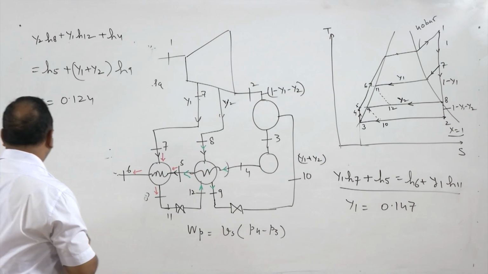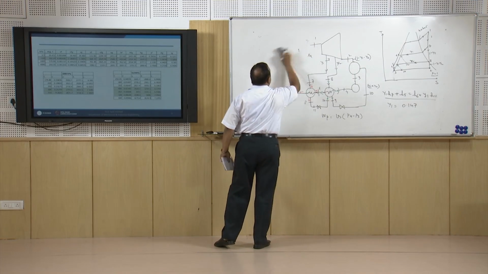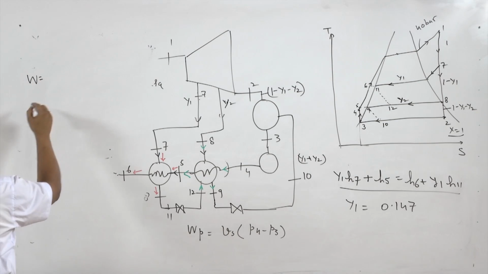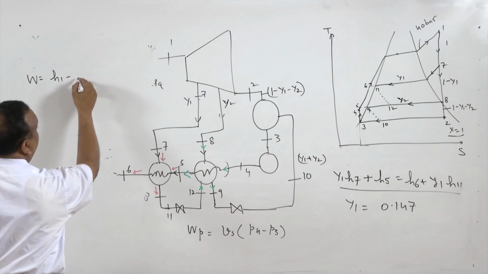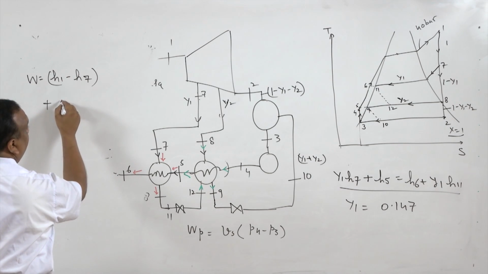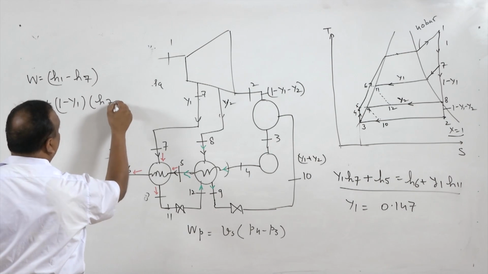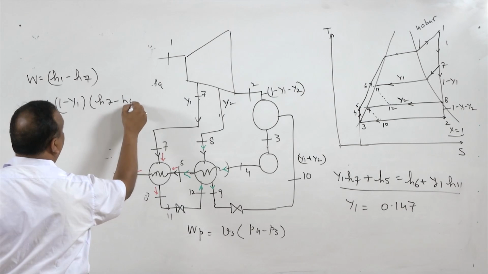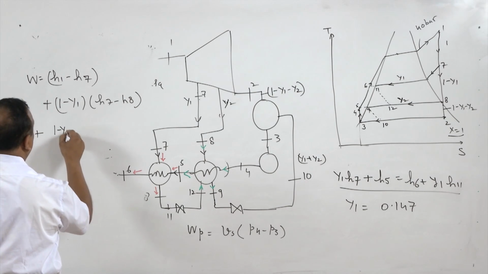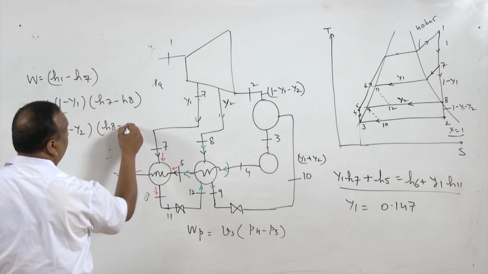So, now if we have to calculate the value of output of the turbine, we have to take H1 minus H7 plus 1 minus Y1, H7 minus H8 plus 1 minus Y1 minus Y2, H8 minus H2.